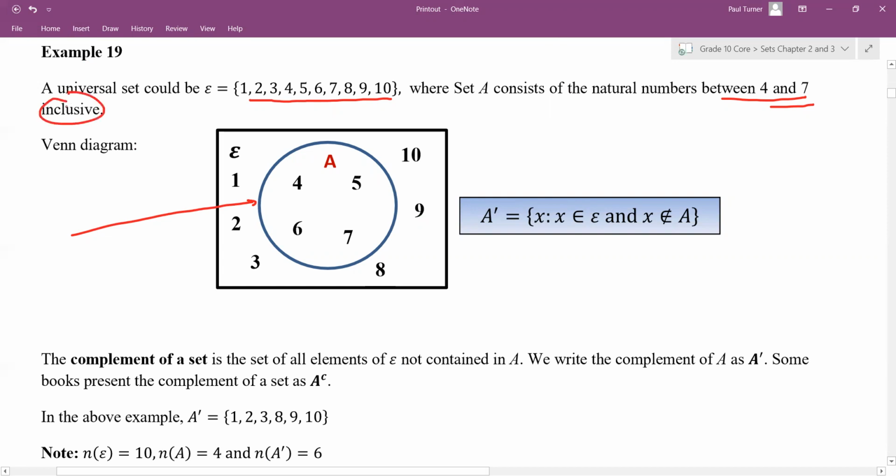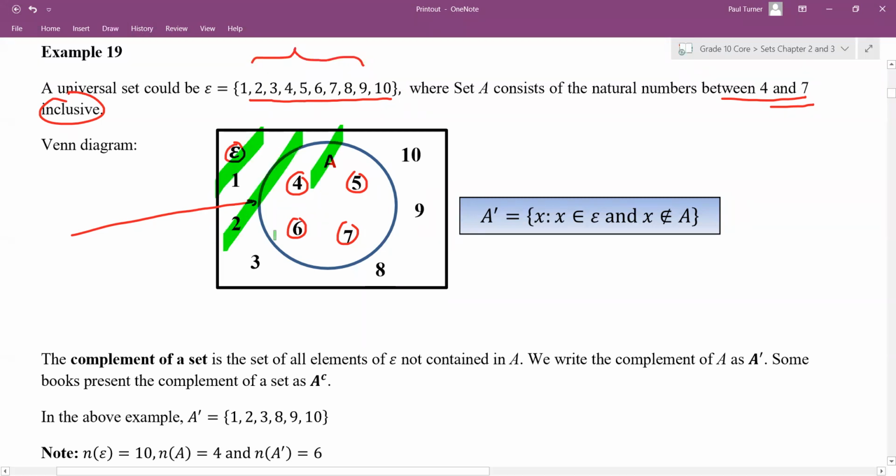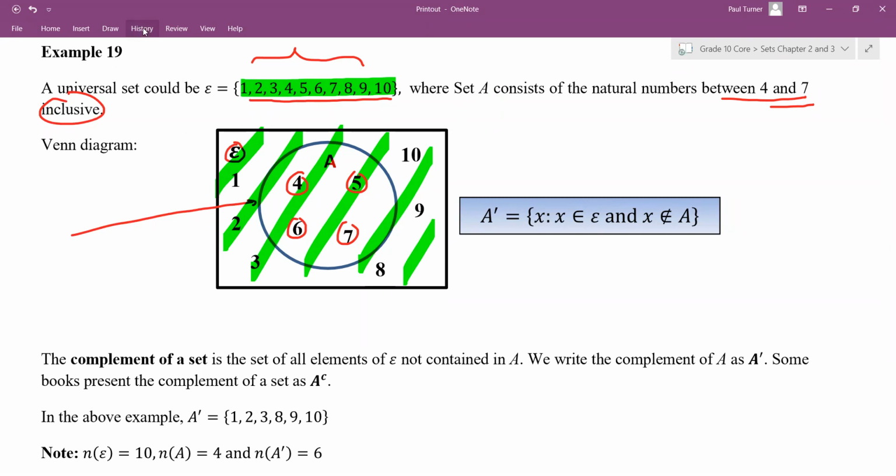Yes, inclusive. So including 4 and 7. So that would be 4, 5, 6, 7. But here you said the universe is 1 to 10. Okay, so that is all the numbers in the universe. You see how I wrote that there? So your universe is here. This is your universe in green, all the numbers. And set A are your natural numbers between 4 and 7 inclusive.